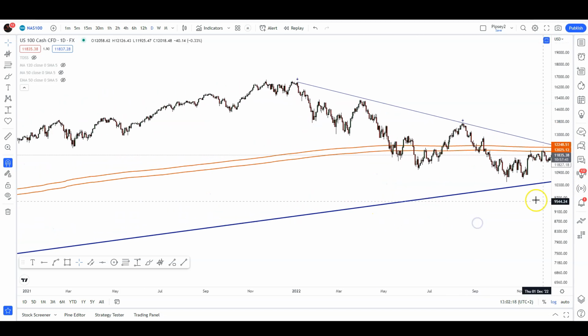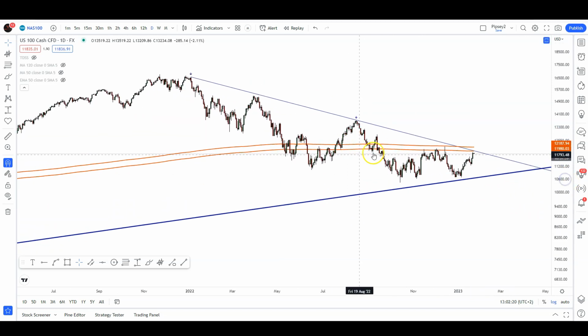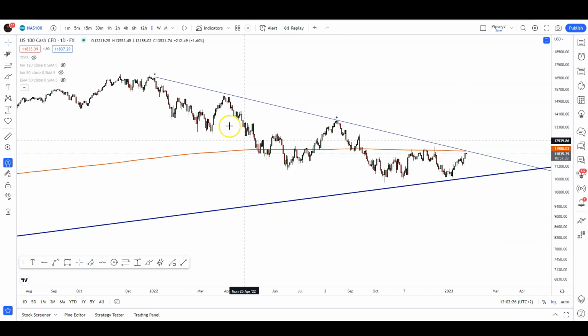Now, as you can see, it's been acting as support and resistance. I'll just take this one away for now, because I want to show you guys these levels clearly.